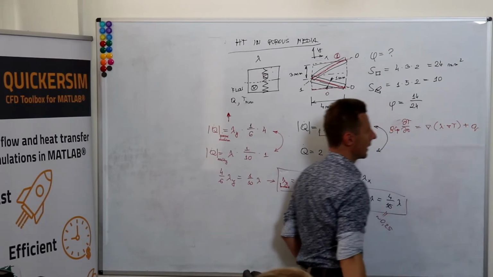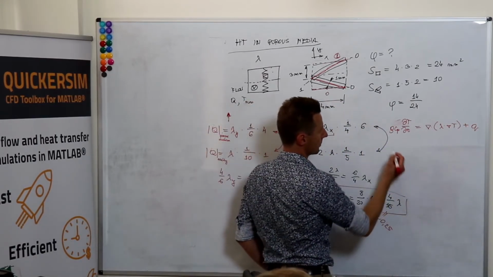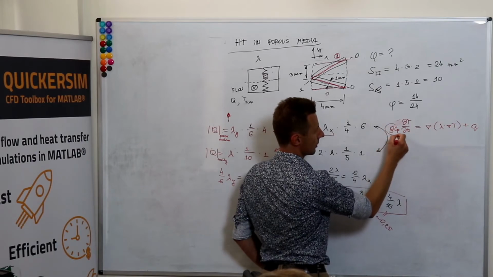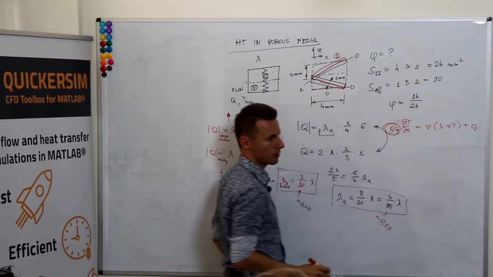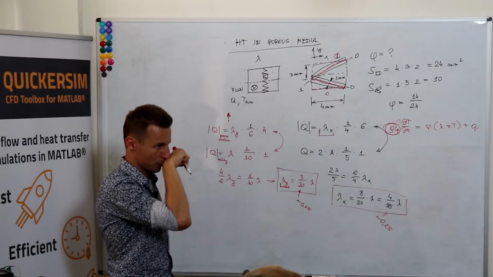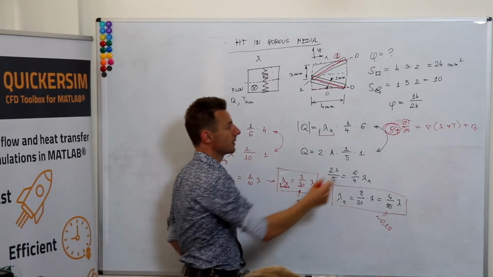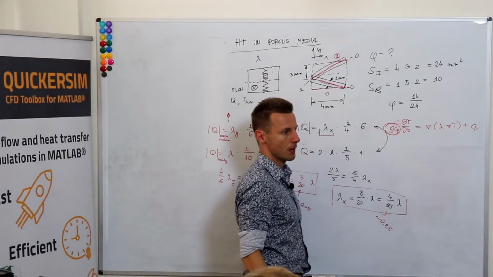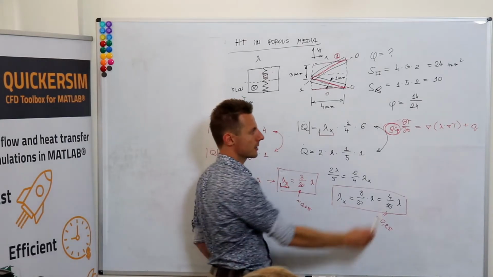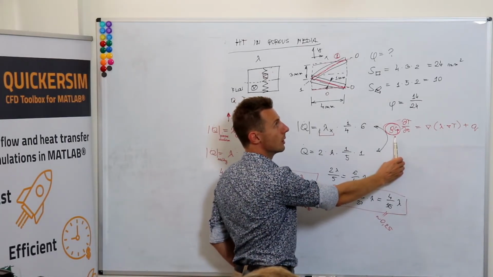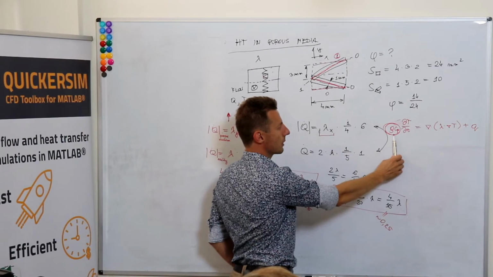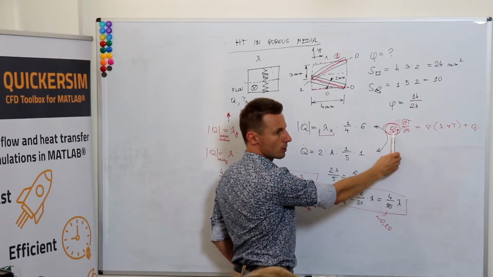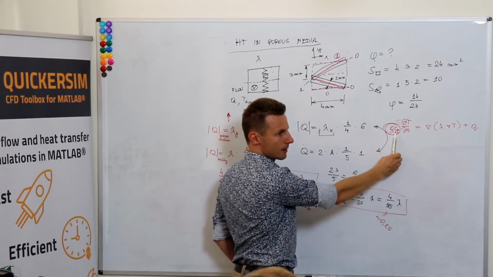Exactly. You need to modify the density and heat capacity properly. I think you only need to average this product, so you need to lower the density.